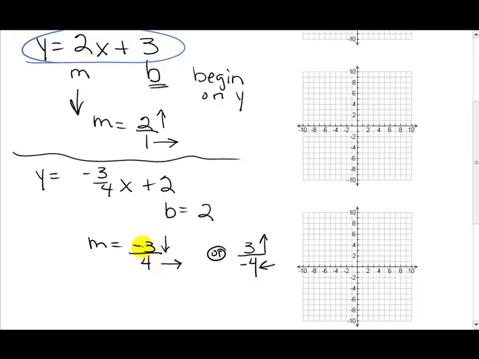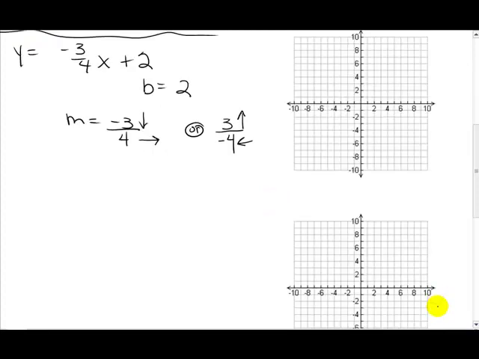For this one, we're going to graph it, and I'm going to pause this a minute and move the graphs down so these will line up a little bit better. Okay, let's go ahead and graph this one. I am going to begin at 2 on the y, so there's my first dot. Then I apply my slope: down 3, 1, 2, 3, and to the right 4, 1, 2, 3, 4. And then I have to do it again.